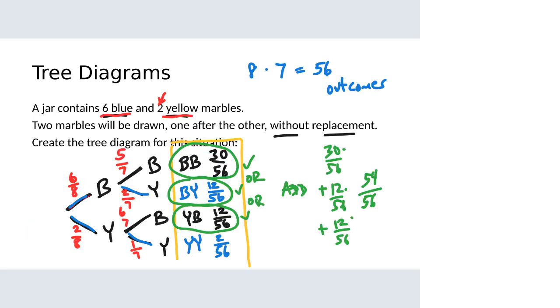I'm going to go back here so you can see that sample space, and I'll make a poll for this one. So what's the probability that the second one is yellow?